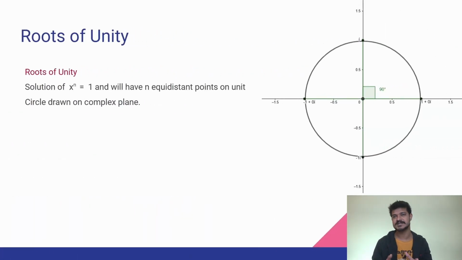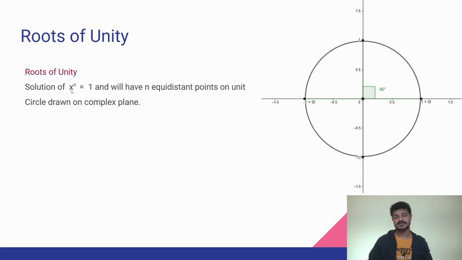So let's learn a little bit about roots of unity. The solution of x raised to power n equals 1 will have n equidistant points on the unit circle drawn on the complex plane. So this is my complex plane, this is the complex axis, this is the real axis, and then you have a circle of unit radius.